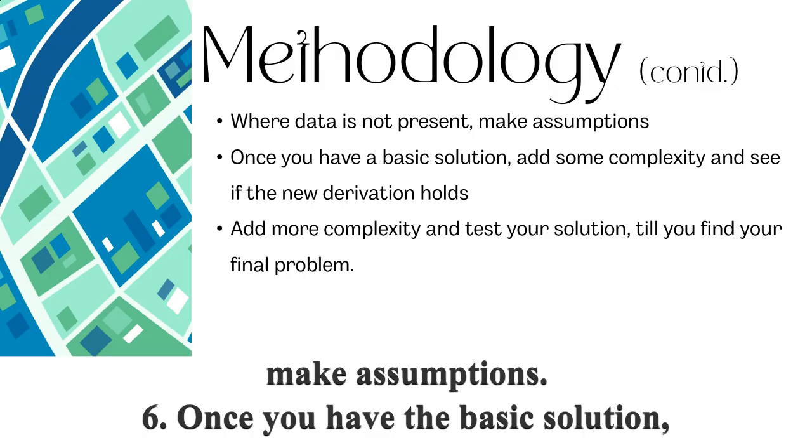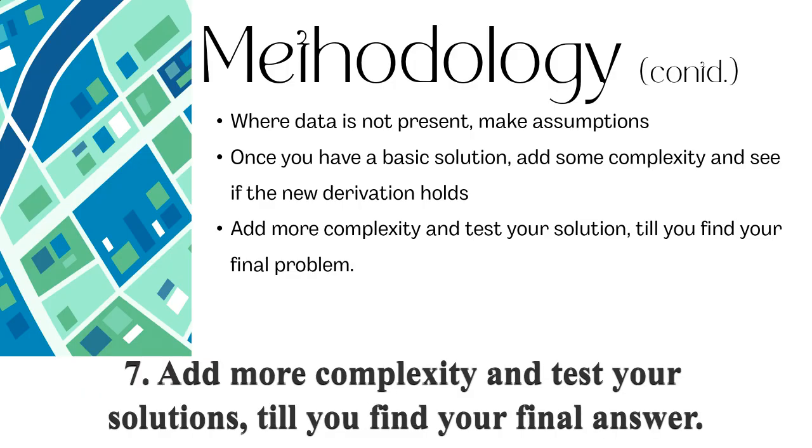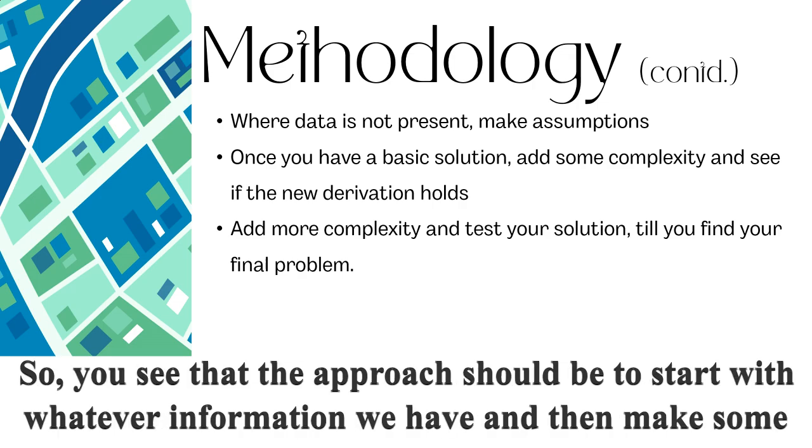Step 6. Once you have the basic solution, then add more and more complexity in stages and see if the additional solutions hold true or make sense. Step 7. Add more complexity and test your solutions till you find your final answer.